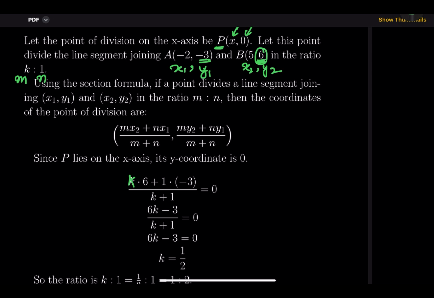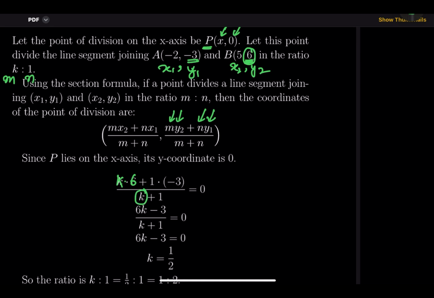So k into 6, what is k? k is m, into 6 is y2, this one is m y2. n is 1, y1 is minus 3, and divided by m plus n, m is k, n is 1.